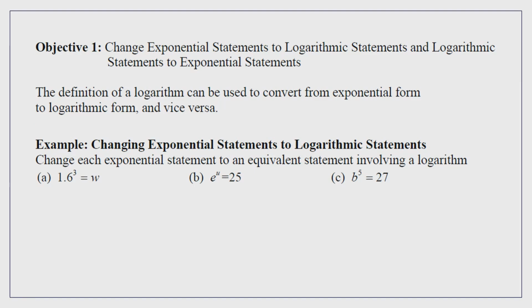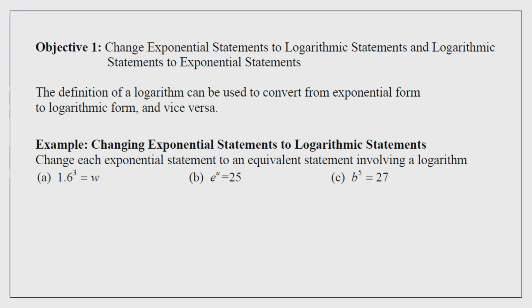The definition of a logarithm can be used to convert from exponential form to logarithmic form and vice versa. So in these first 3 examples for this objective, we're going to change each exponential statement to an equivalent statement involving a logarithm. So for the first one, a, 1.6 to the third equals w.